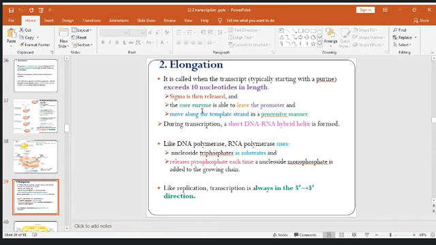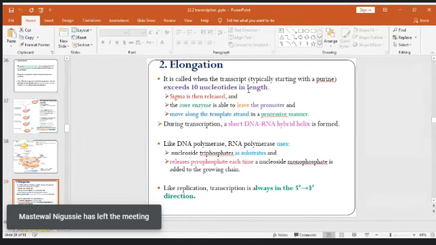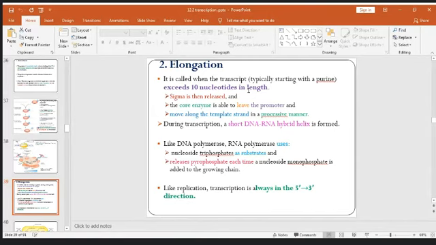Now coming to elongation, it is called elongation when the transcript, typically starting with a purine, exceeds 10 nucleotides in length. As we saw earlier in initiation, up to the 10th nucleotide it acts as the nascent RNA, and it can be used as a starting point for the elongation process. After it reaches 10, the sigma subunit will be released, and the next step is what is called elongation. The sigma subunit of RNA polymerase should be released in order to start the elongation process.